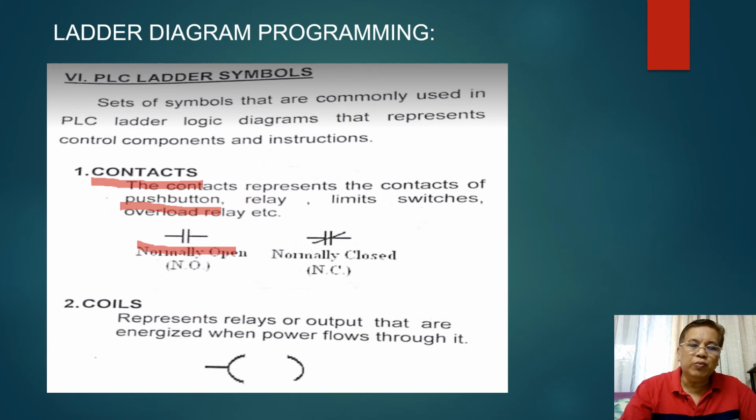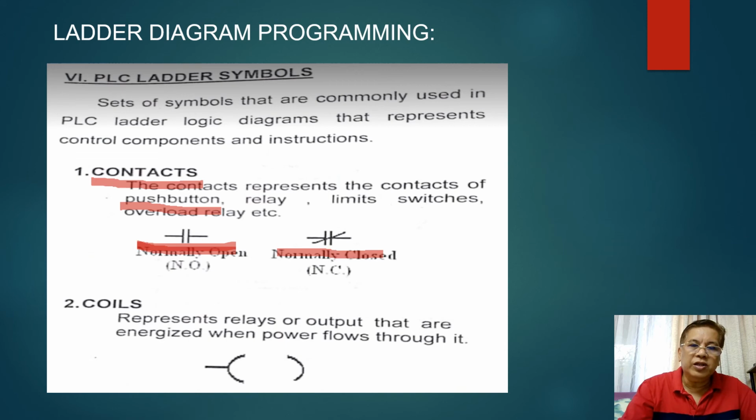Now, if your push button switch is normally closed, then it has to be represented by this particular symbol, which is a normally closed symbol. Okay, so even if your sensors are with condition of normally open, or if the sensors are not energized, then it will have to be represented by, again, the normally open contact.